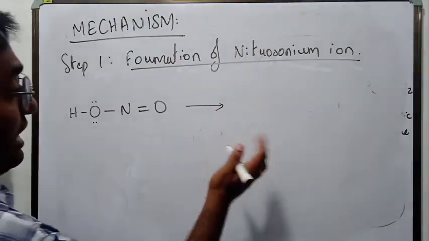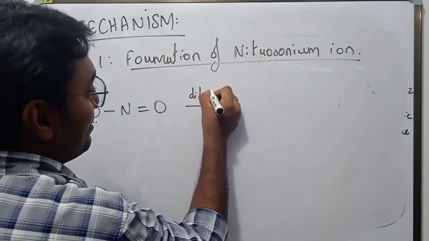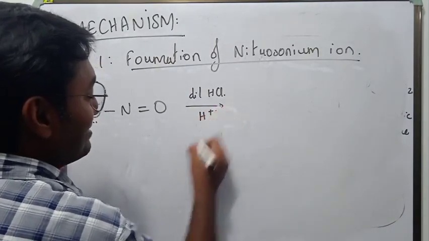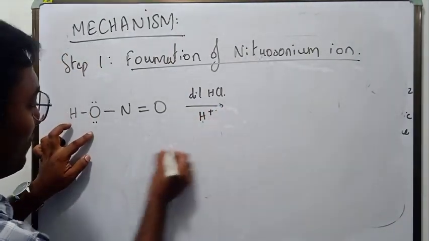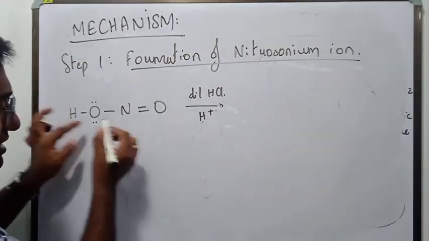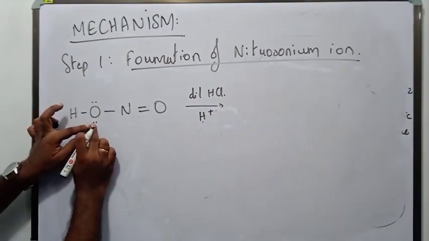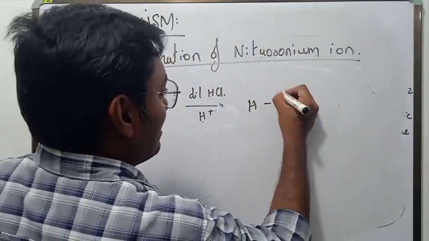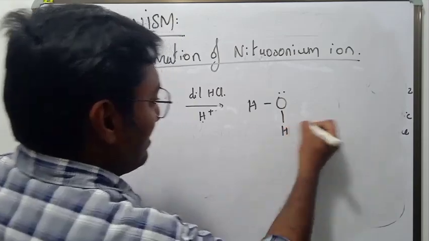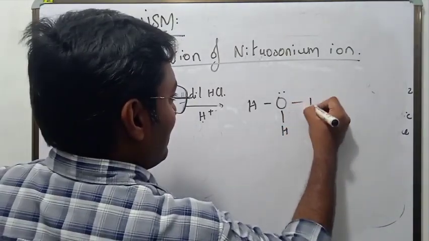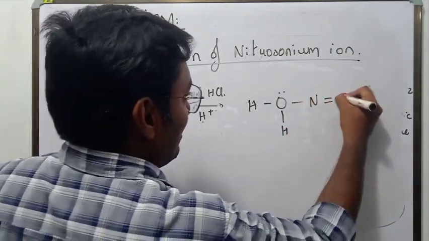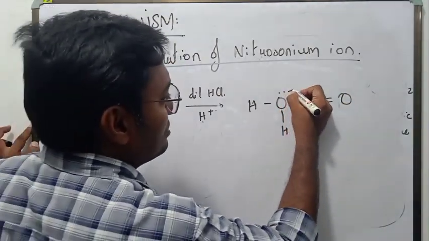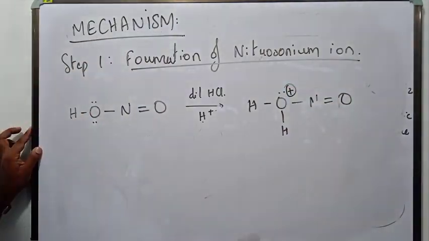The conditions are acidic. Dilute HCl is there. It releases H plus. Let this H plus go and attack the lone pair of electrons here. So what would result? 1 H will come here, and because one of the lone pairs has been taken by this H, a positive sign comes here on the oxygen.